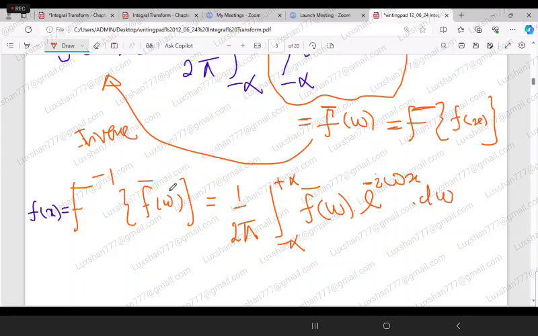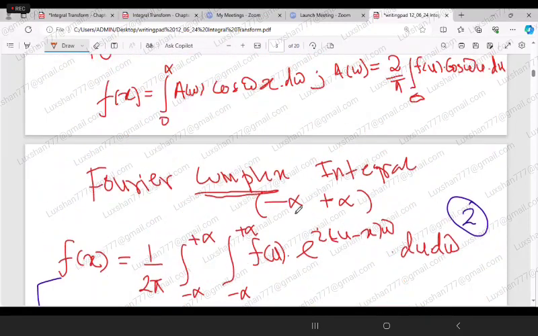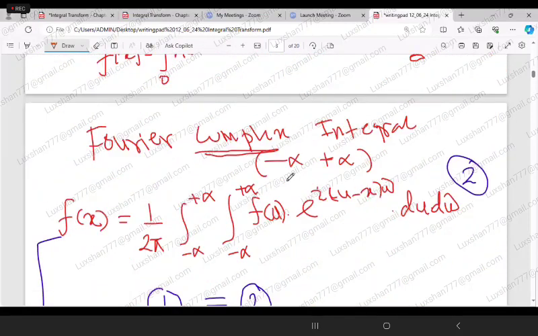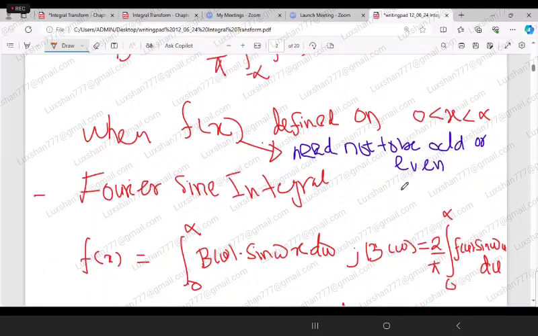So this is called the inverse Fourier transform, right? So here, look at the range of the variable, it is minus infinity to plus infinity. Now look carefully, when the range is 0 to infinity, we can define the Fourier sine integral.